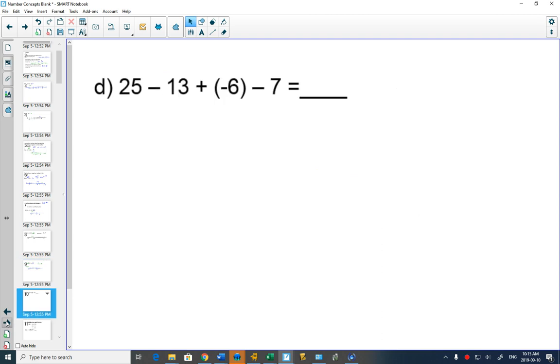Ooh. Multiple numbers. 25 minus 13 plus a negative 6 minus 7. I think I'll give you more than 1 second to figure this one out in your head. Okay?